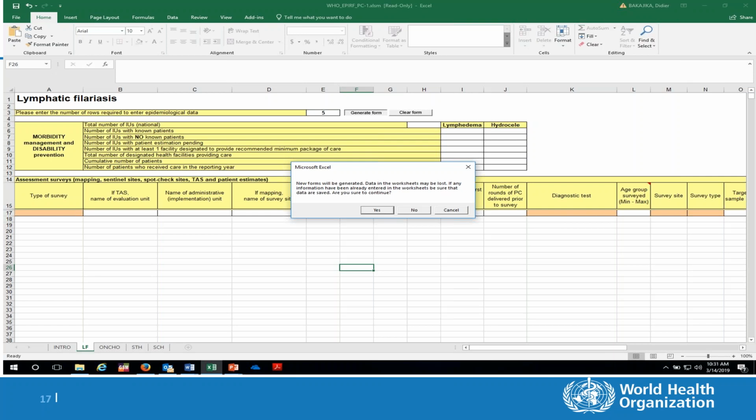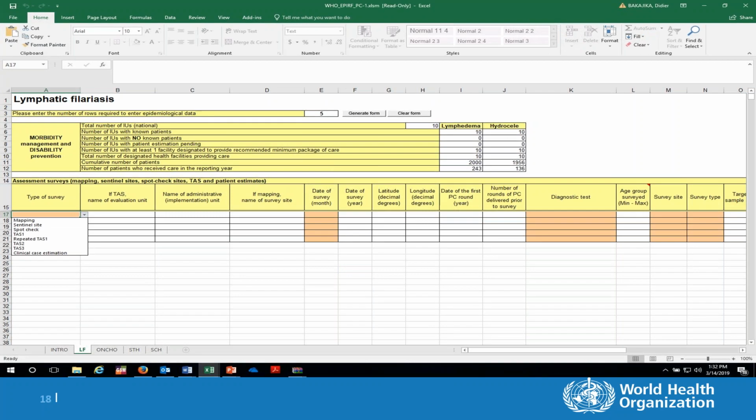When you generate the form, there is a pop-up that asks you about a new form being generated. Then you will say yes. And then you have five rows where you can put your data.